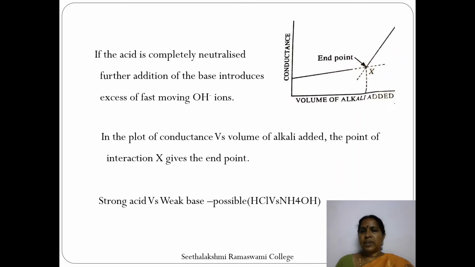After the endpoint, a sharp increase in conductance is noted. The low value of conductance is due to the presence of feebly ionized acetic acid. The slight increase in conductance is due to the formation of a salt, sodium acetate. After the endpoint, the increase in conductance is due to the presence of hydroxyl ions in sodium hydroxide solution.